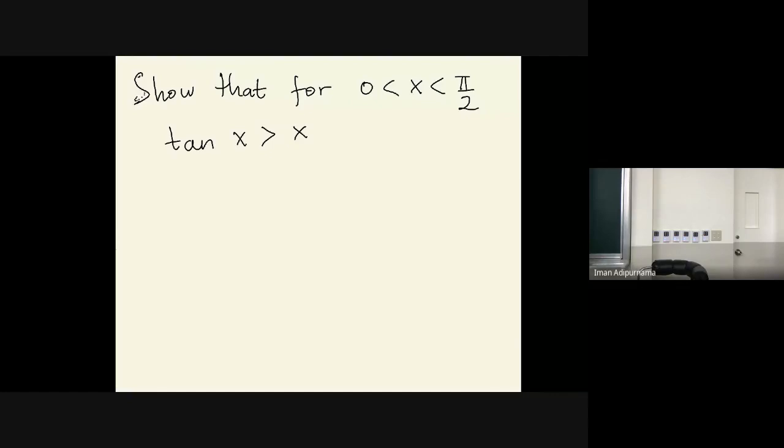Notice that the interval does not include the equal, because at pi/2 tangent will be undefined, right?